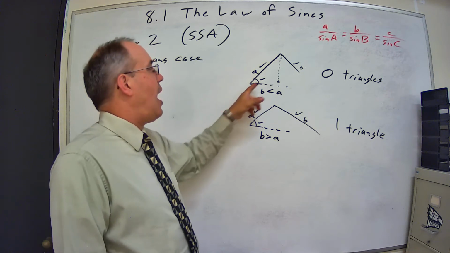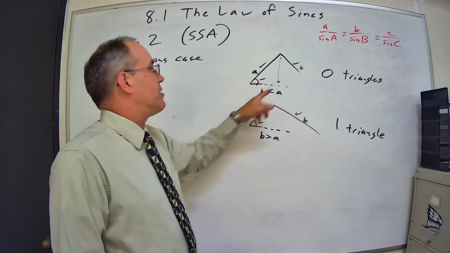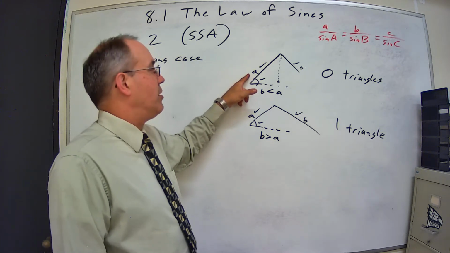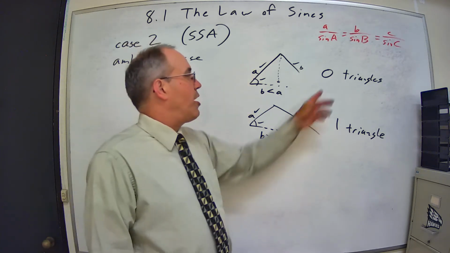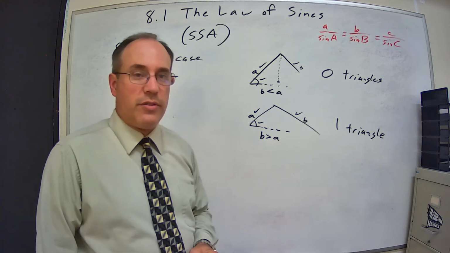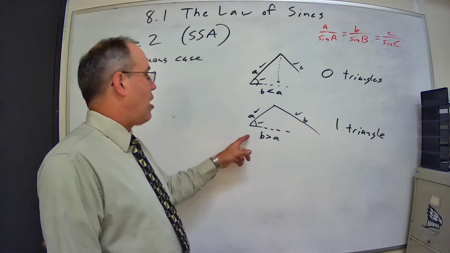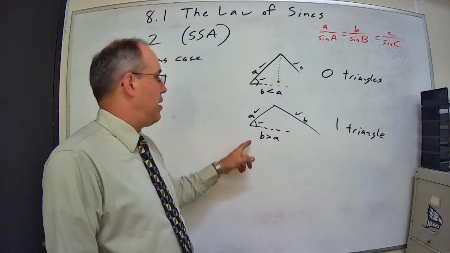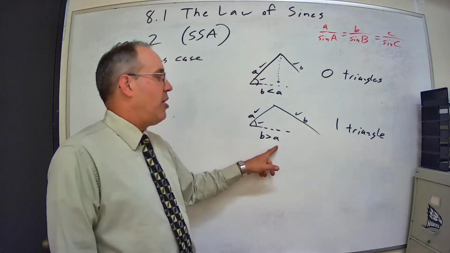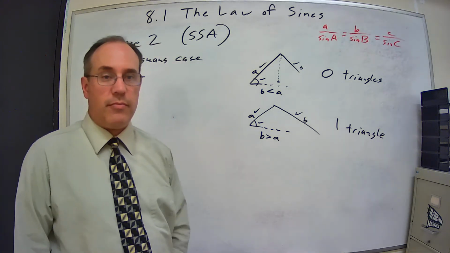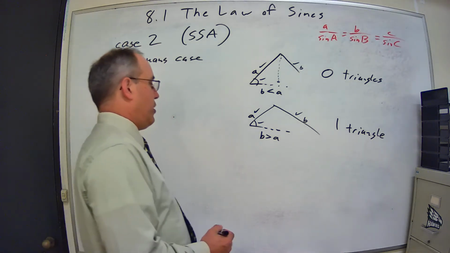So if the side opposite the angle given is smaller than the side adjacent to that angle, then we're at risk of no triangles. If the side opposite is longer than the side adjacent, then we're guaranteed to have exactly one triangle.